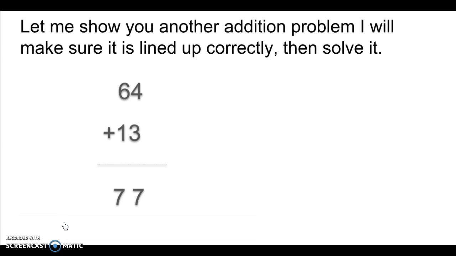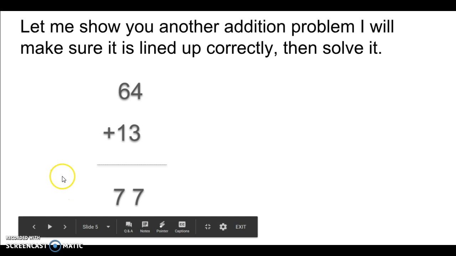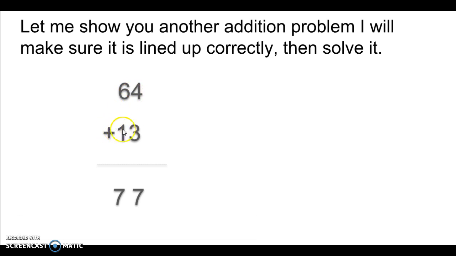I'm going to show you another addition problem. First thing I'm going to do, and what you're going to be doing tomorrow when you make up your own vertical addition problems, is you are going to make sure that they're lined up. 64 plus 13. My 4 1s is lined up right above the 3 1s.